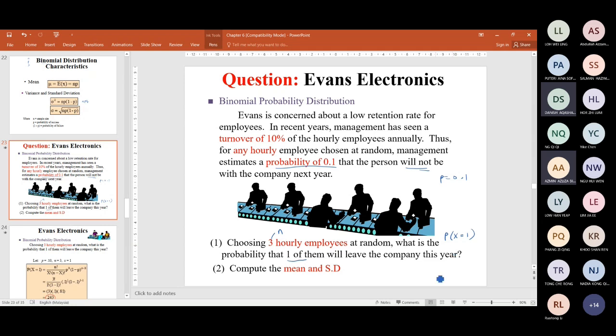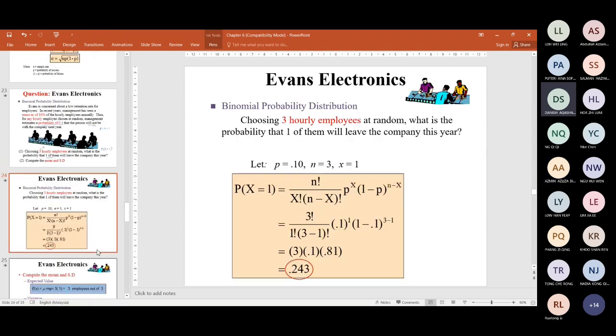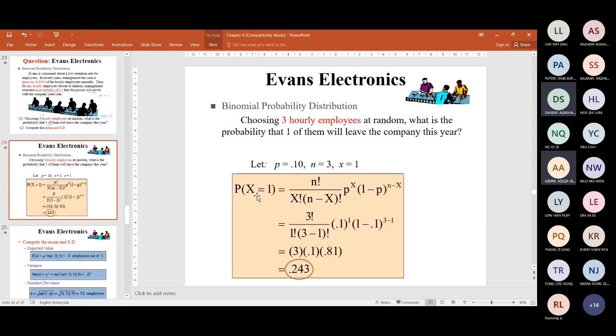You can just use the previous formula straight away. Find also the mean and standard deviation. As you can see, we want to find P of X equal to 1. We know P is 0.1, N is 3, X is 1. So just substitute into the formula. N factorial, N is 3, so 3 factorial. X is 1, so 1 factorial. N minus X is 3 minus 1 factorial.